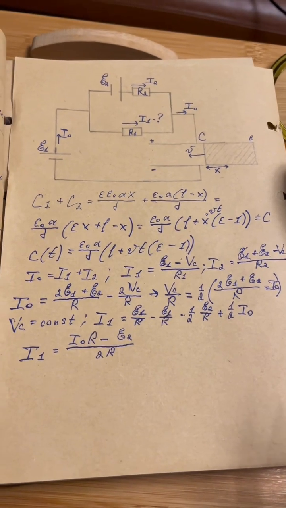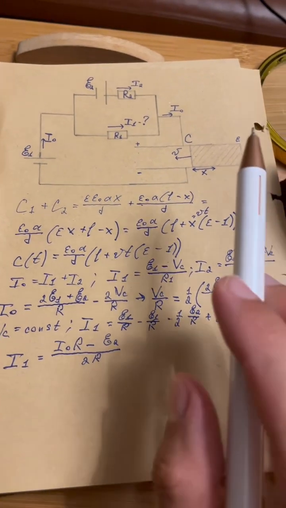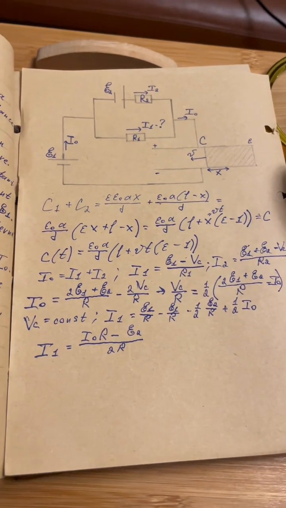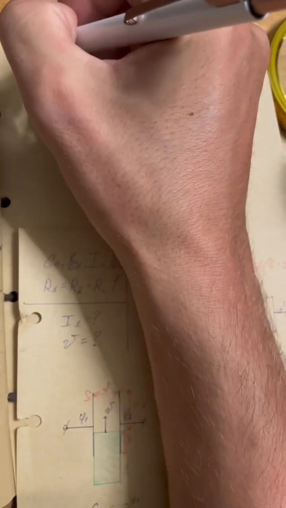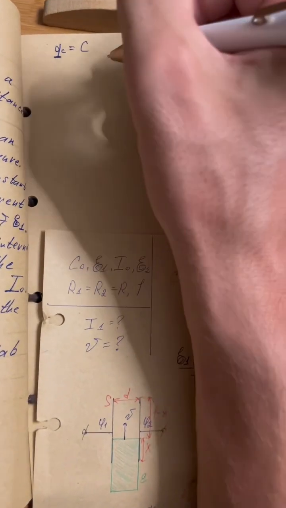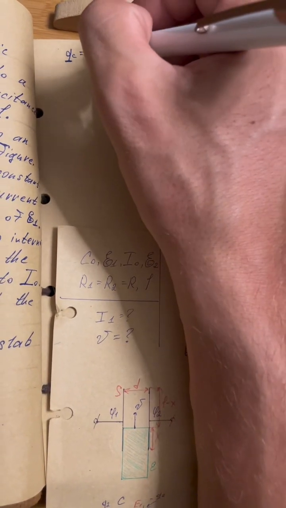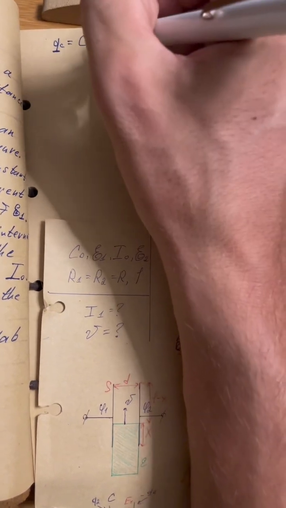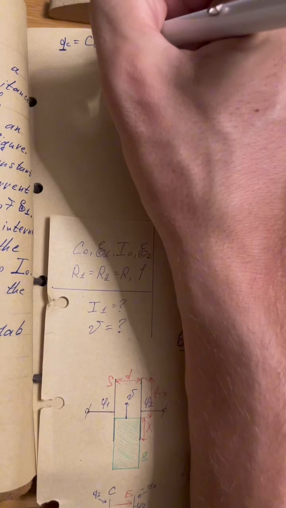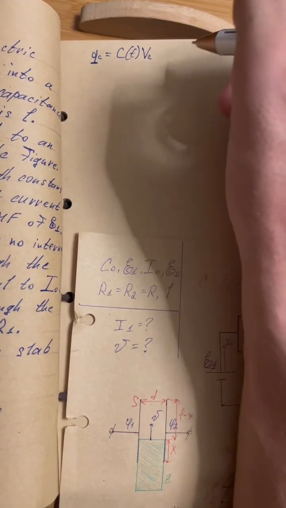Now the most interesting part of this problem, it's about the speed of this slab. The charge on the capacitor's plates QC could be derived as the capacitance of this capacitor at any instance of time times the voltage on this capacitor. And we remember that this voltage is constant.